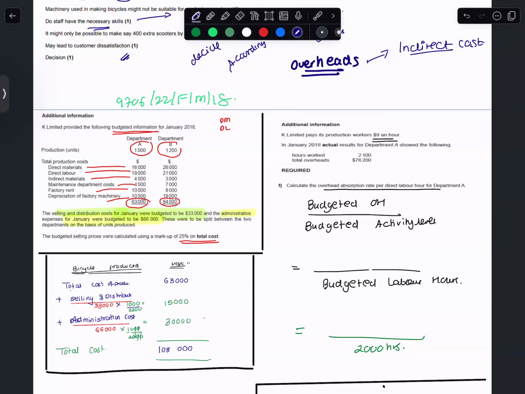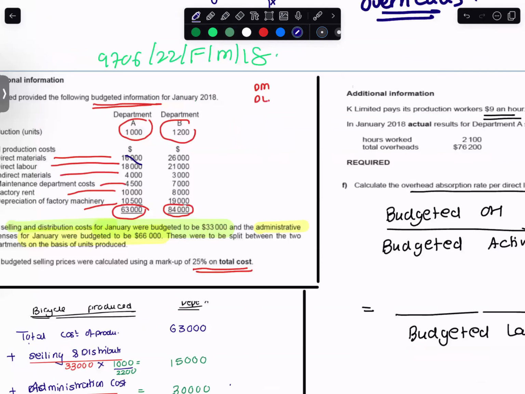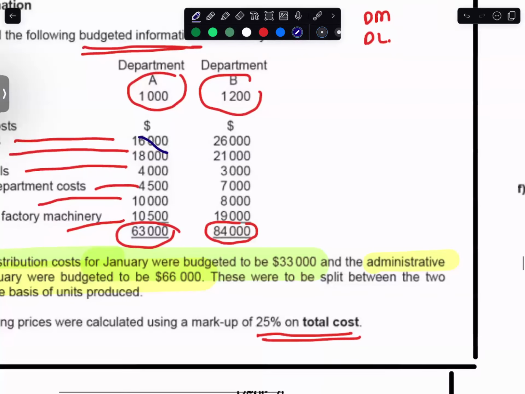So if overhead means the indirect cost, my budgeted overheads would become how much? Direct material and direct labor is the direct cost, correct?